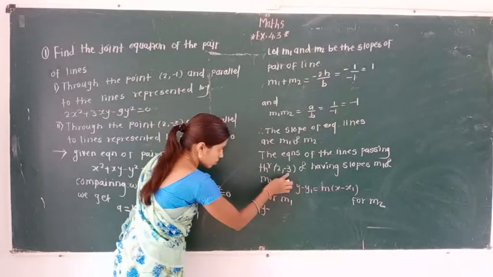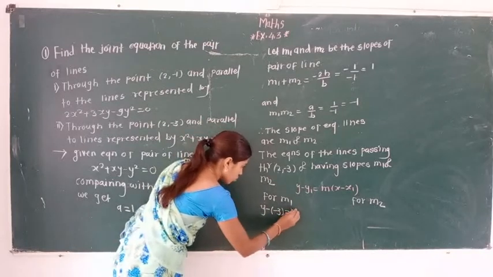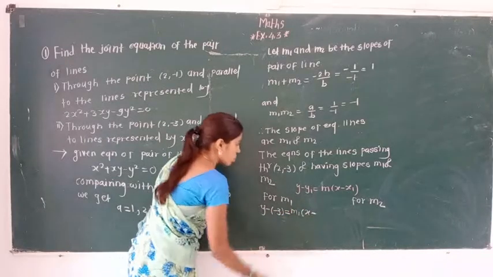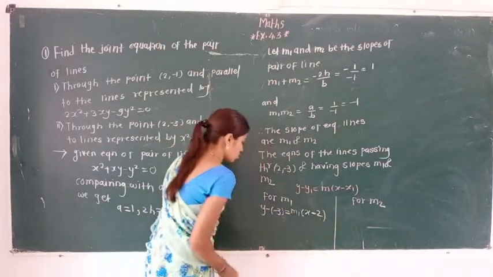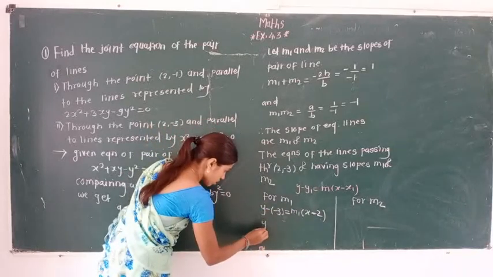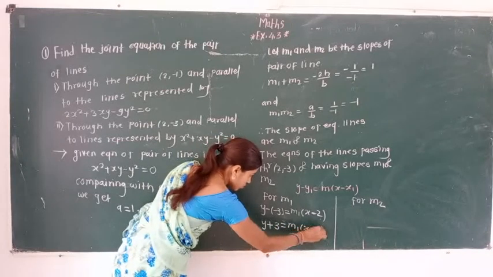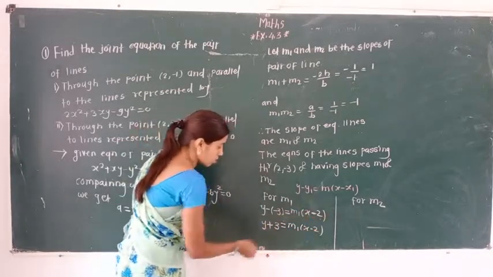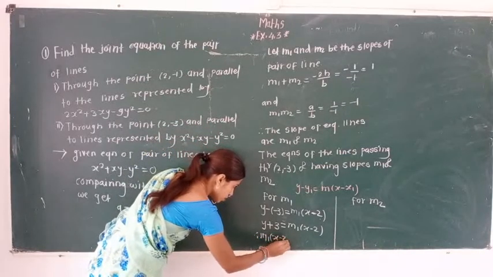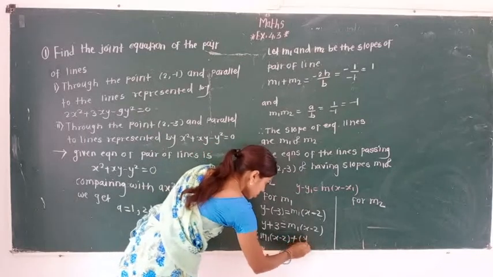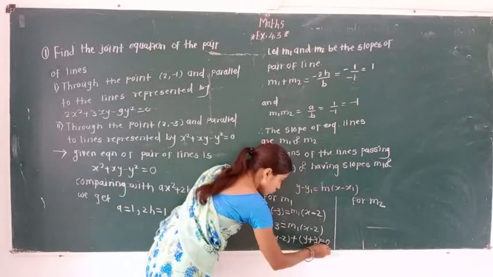Here y1 is minus 3, so y minus (-3) is equal to m1 in bracket x minus x1, where x1 is 2. Now simplify this equation: y plus 3 is equal to m1 in bracket x minus 2. Transferring this term to the right hand side, we can write m1 in bracket x minus 2 minus in bracket y plus 3 is equal to 0. This is the equation of the first line.